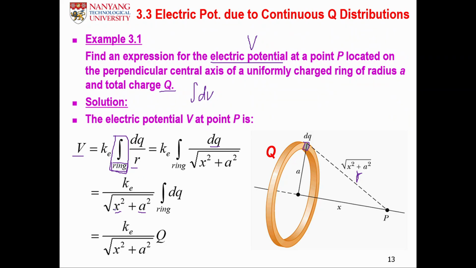So all you need to do is the integration of dq over the entire ring. The physical meaning of this is just the total charge carried by this ring, and that is the capital Q. Right? So you can find out this V, the electrical potential, due to this kind of charged object.